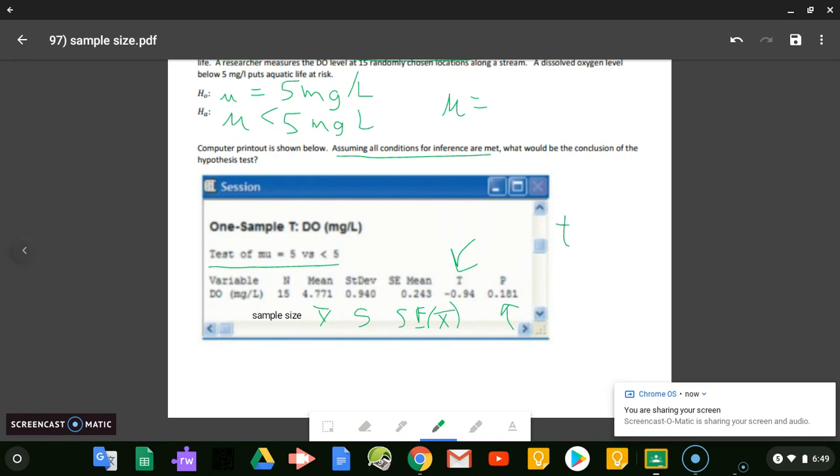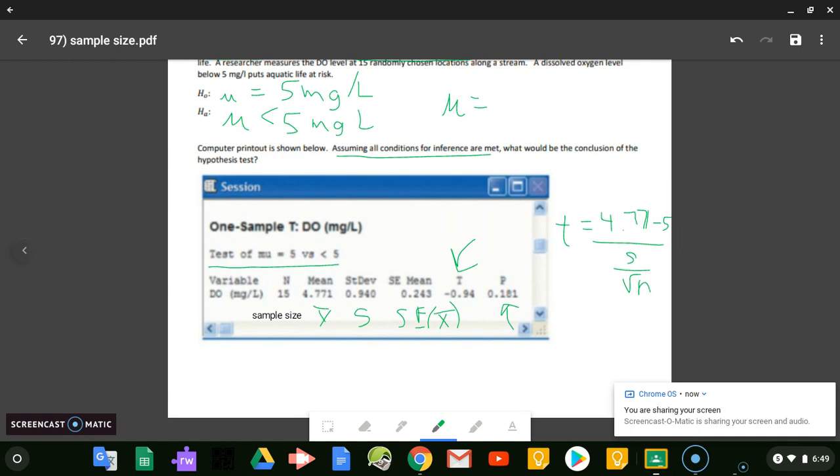If we were going to fake the work to show it from this, we'd be doing the mean minus the proposed mean. So it would be 4.771 minus 5 over, and normally we would do s over radical n, so we can pull that 0.940 over radical 15.